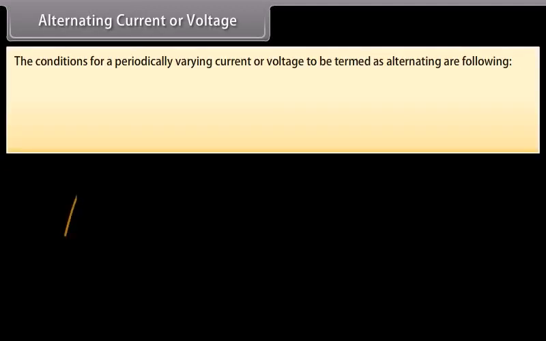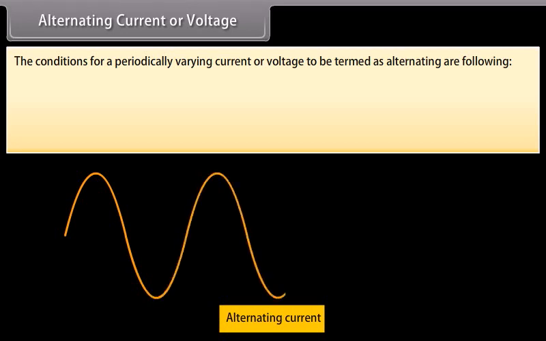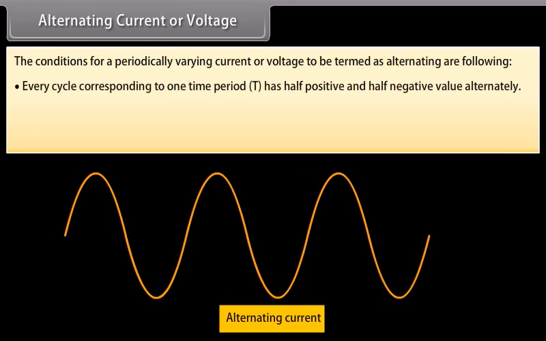Alternating current or voltage. The conditions for a periodically varying current or voltage to be termed alternating are as follows. Every cycle corresponding to one time period has half positive and half negative value alternately.